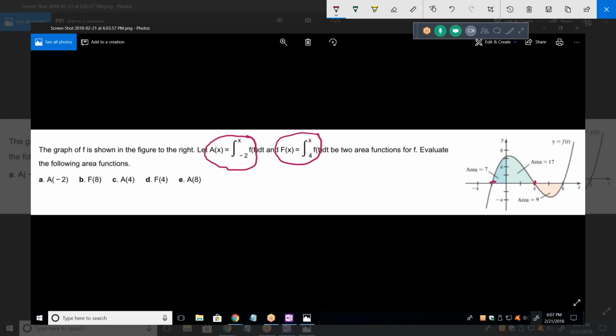Let A be the integral of f of t, which is our function, and this is the integral of f of t. So, let these be two area functions for f. Let me think about this for a second here.